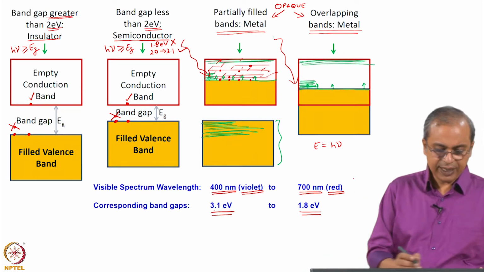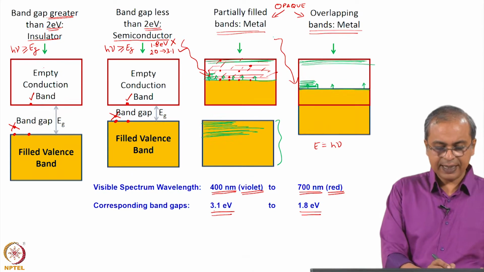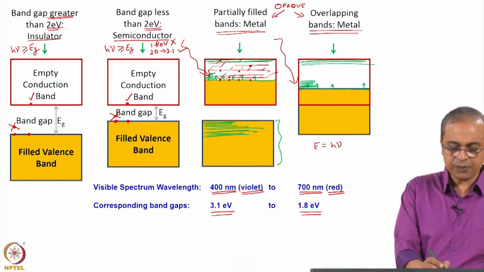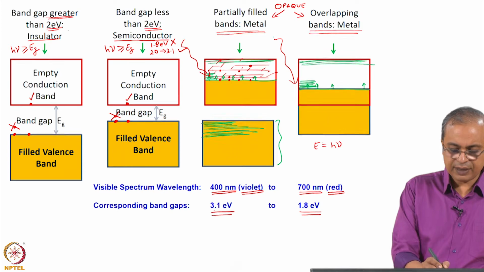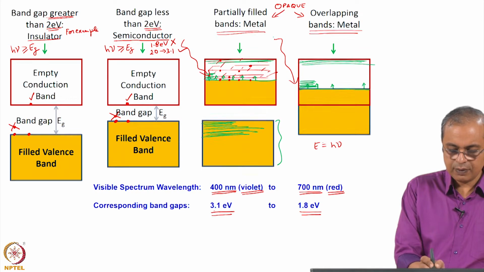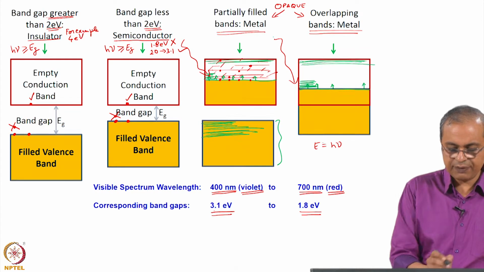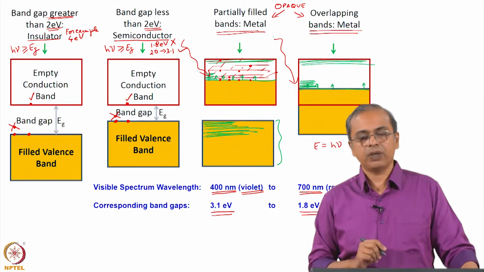On the other hand, if you take an insulator, its band gap is greater than 2 electron volts. Let us assume that we have an insulator where the band gap is 4 electron volts.